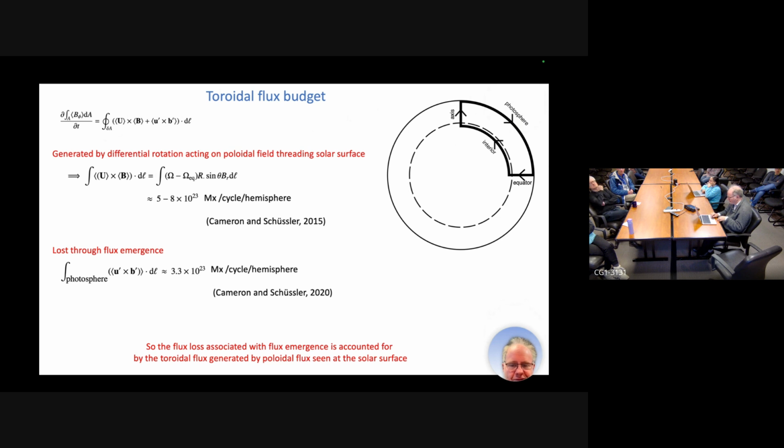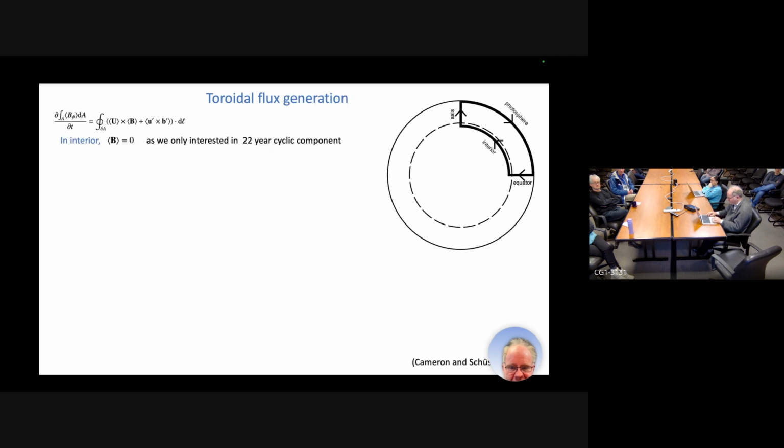If you calculate this, it turns out to be about 5 to 8 times 10 to 23 Maxwells per hemisphere. So this is how much is generated by magnetic field threading through the photosphere in the northern hemisphere. You can also calculate the loss through flux emergence, and this turns out to be a similar number, about 3.3 times 10 to 23 Maxwells. These two are roughly equal, and this is the toroidal flux budget.